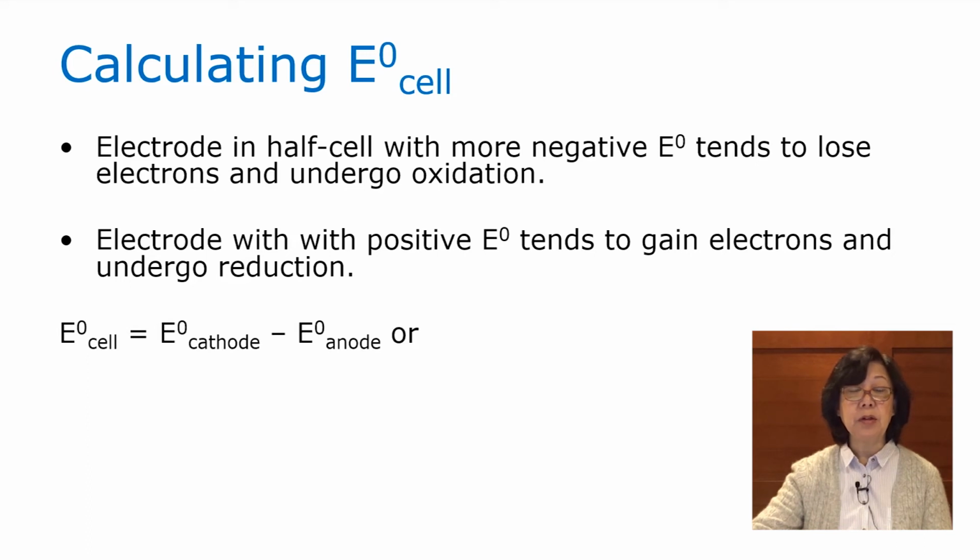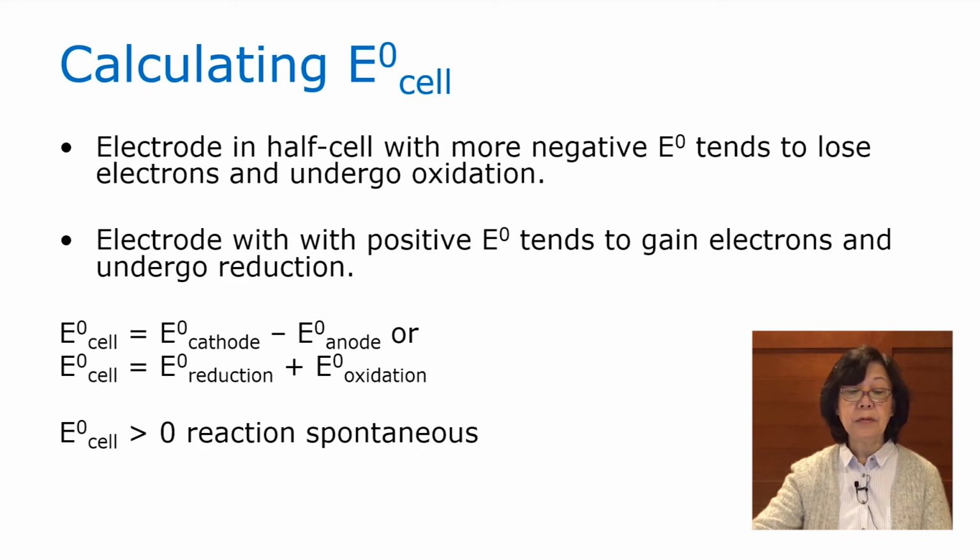So when we calculate the overall cell potential, it is equal to the cell potential of the cathode minus the cell potential of the anode, or, I like to use this equation a lot myself, it is equal to the reduction potential at one half cell plus the oxidation potential at the other half cell. And the overall cell potential has to be positive for the reaction to be spontaneous.